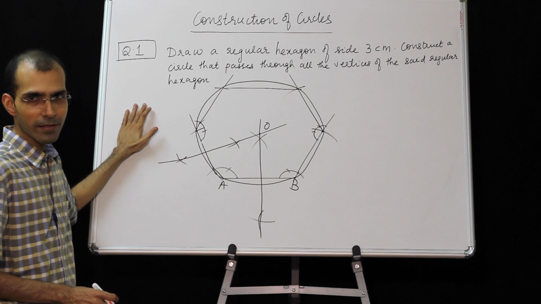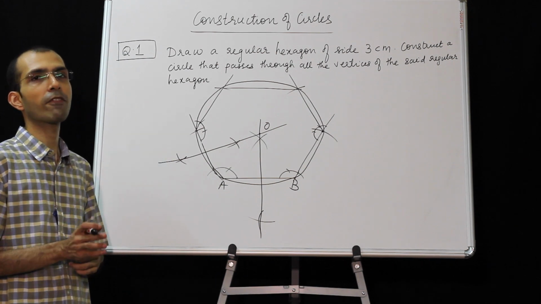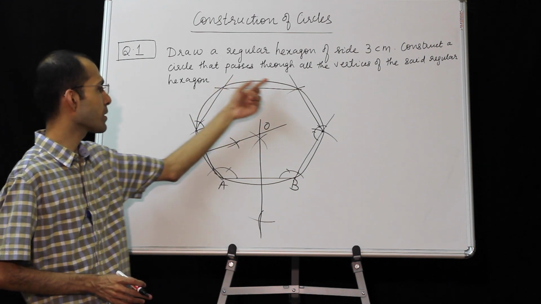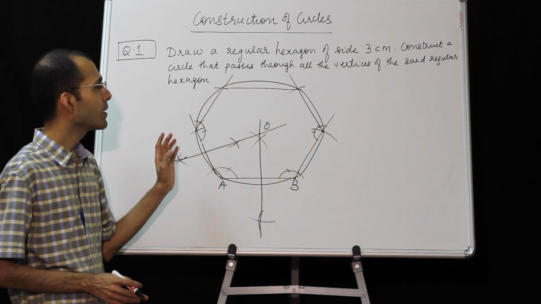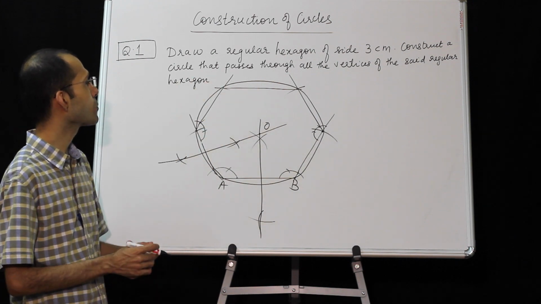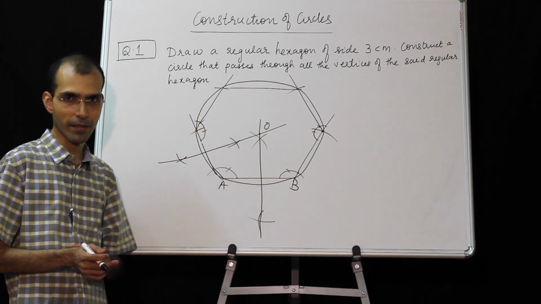This is the way a standard question can be framed. This question can be modified also. One way is they will say draw a circumcircle. Other way is like this: construct a circle that passes through all the vertices of the said regular hexagon.